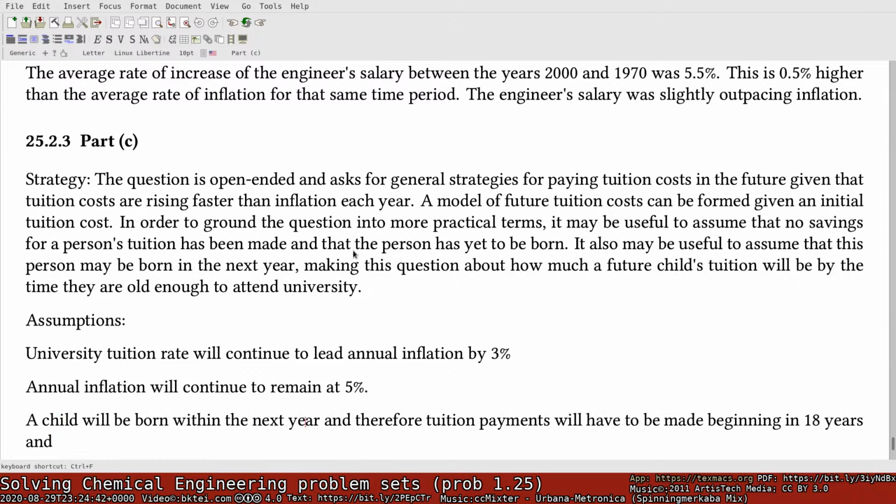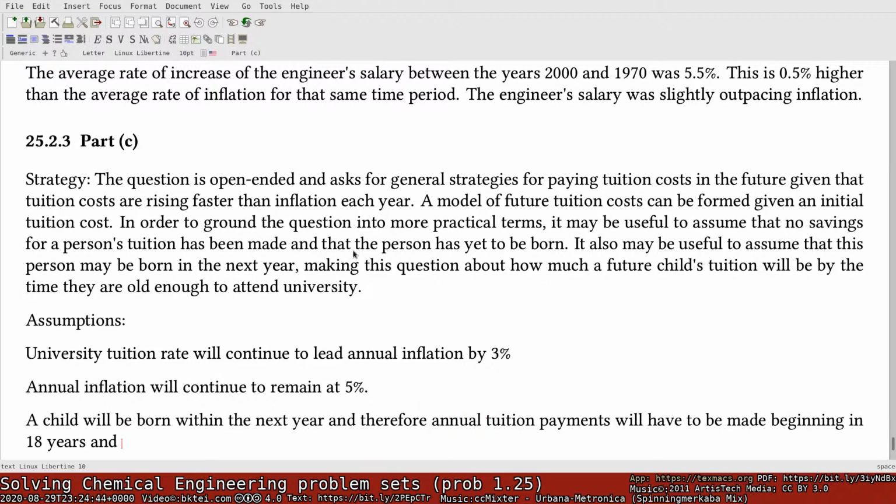It's annual tuition payments made beginning 18 years out and ending 4 years later.